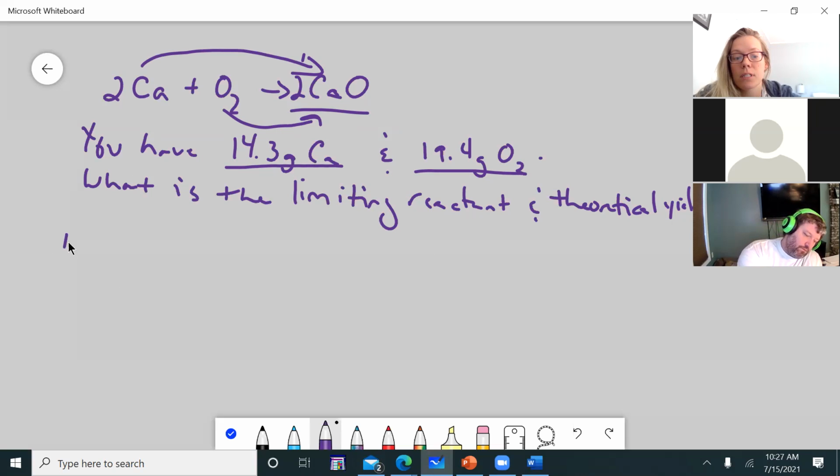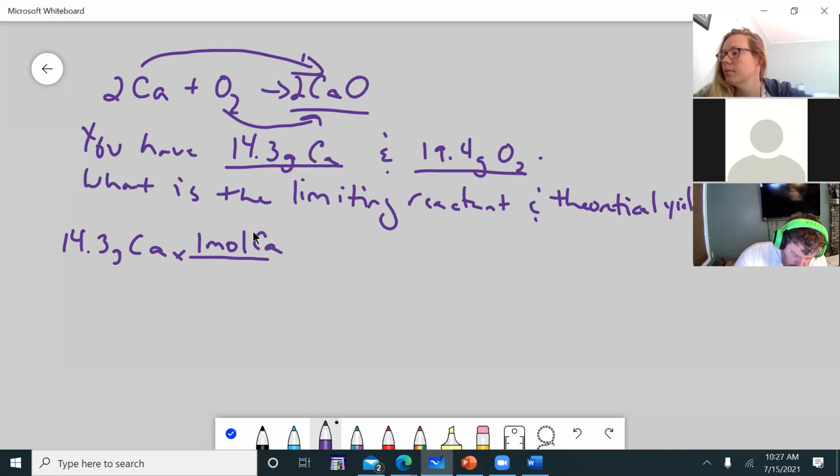I know that I have 14.3 grams of calcium. I need to convert this into moles. So for every 1 mole of calcium, it weighs 40.08 grams of calcium.